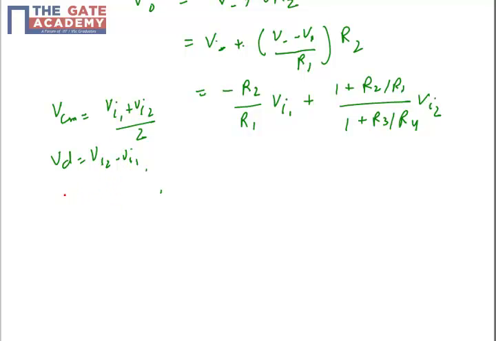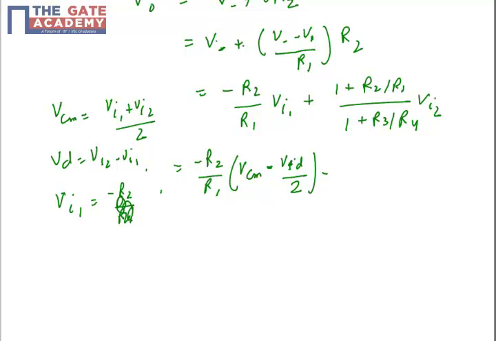By combining these two equations, VI1 is VCM minus VD by 2 and VI2 is VCM plus VD by 2. So V0 equals minus R2 by R1 times (VCM minus VD by 2) plus (1 plus R2 by R1) upon (1 plus R3 by R4) times (VCM plus VD by 2).